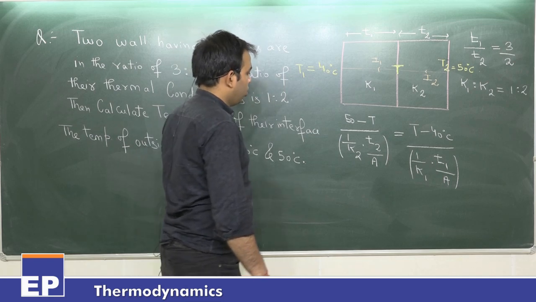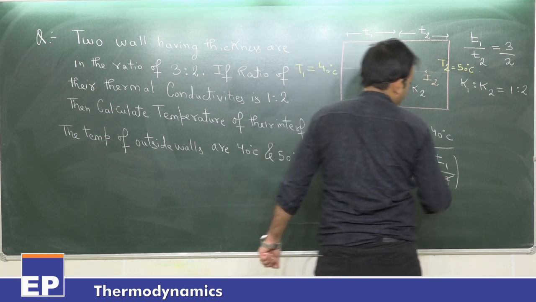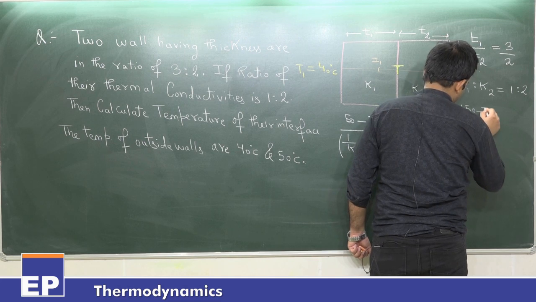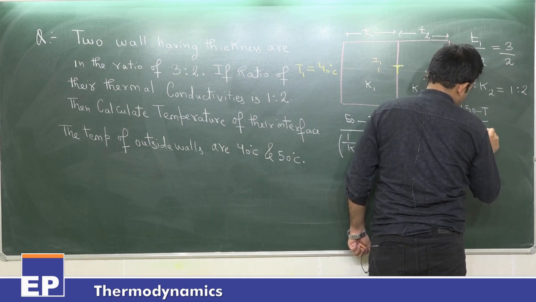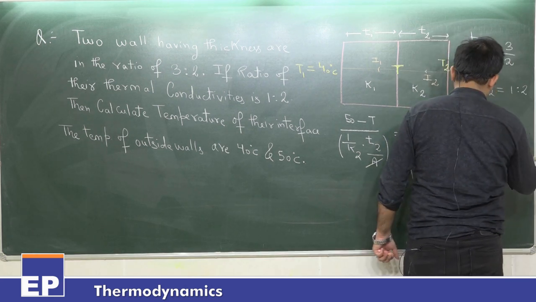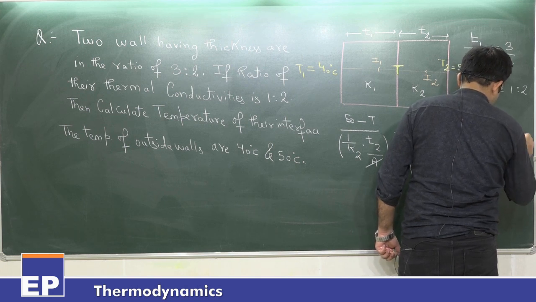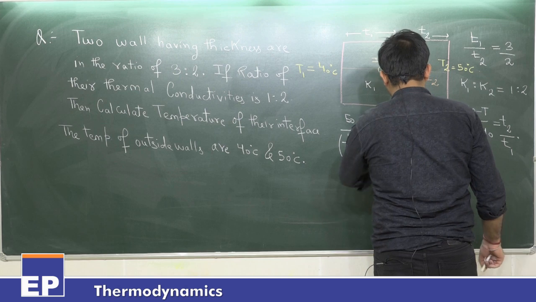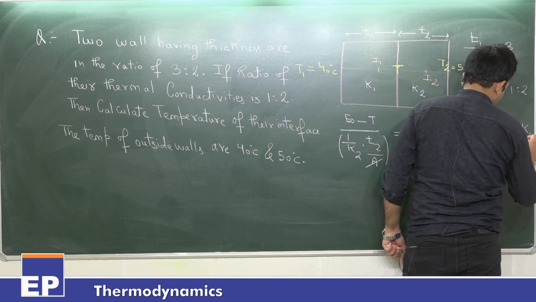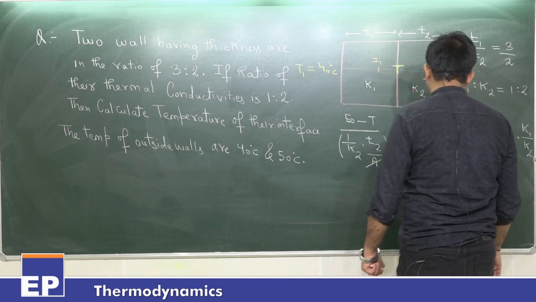Right? Now, if we will solve it, this A and A will cancel out. Yes, this is 50 minus T by T minus 40. It is, ये उधर जाएगा, that is T2 by T1 into K1 by K2.